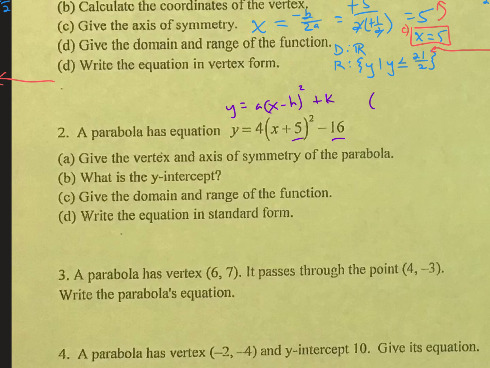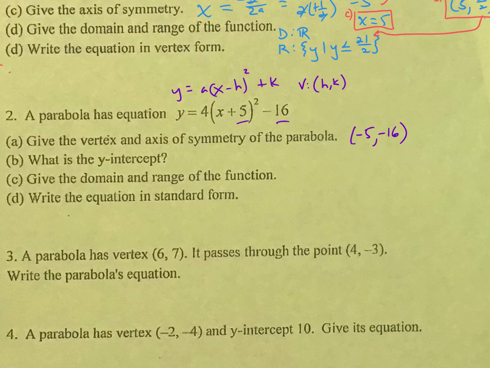So the h, k is the vertex. So the vertex here is going to be (-5, -16). And the axis of symmetry goes through the vertex. And so since the vertex is (-5, -16), the axis of symmetry has to be x equals -5.